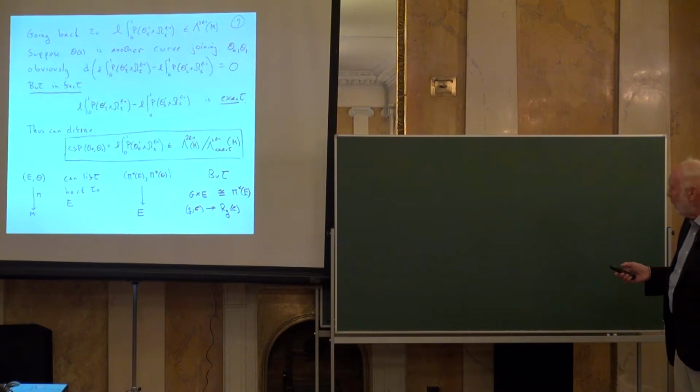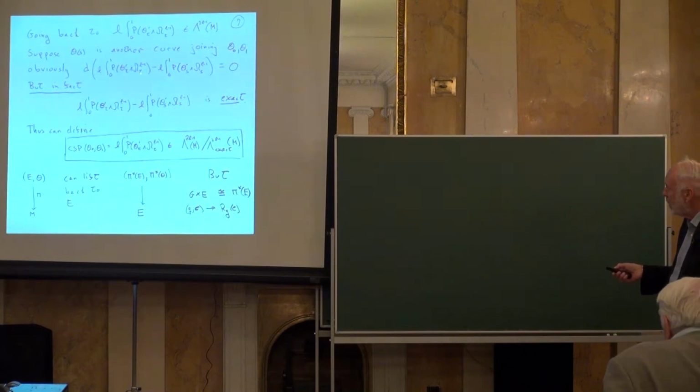So if we go back to this thing, which was the difference form, d of it was the difference, suppose you have another curve that joins those two connections. Here we have one of these forms, d of which is supposed to be the difference, and here's the other one.